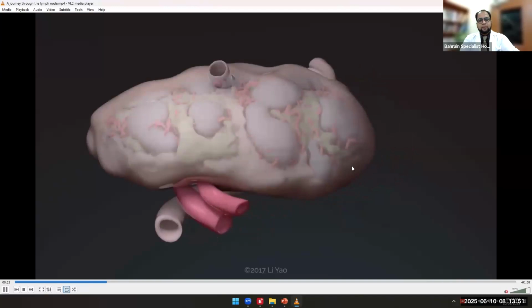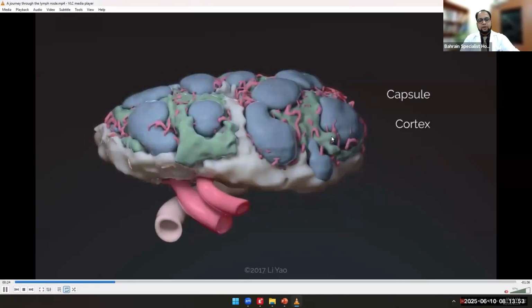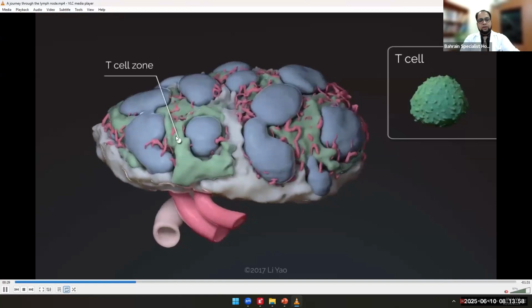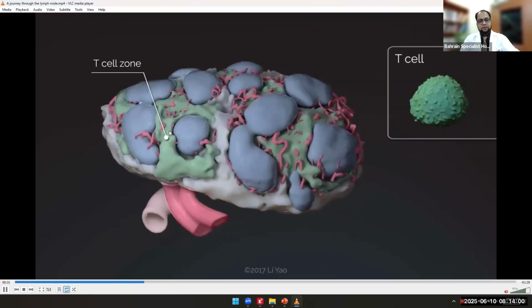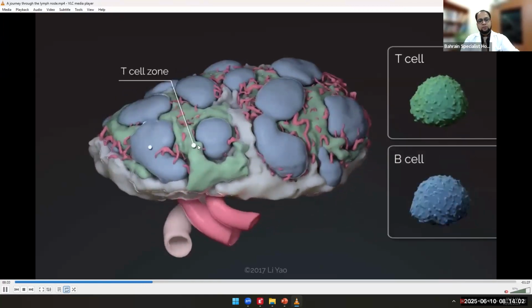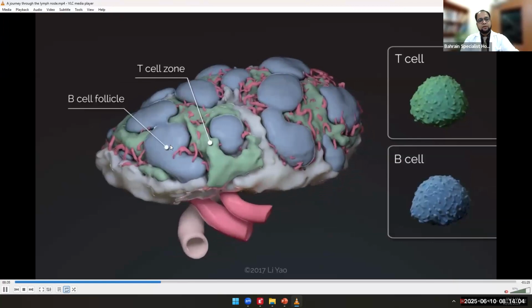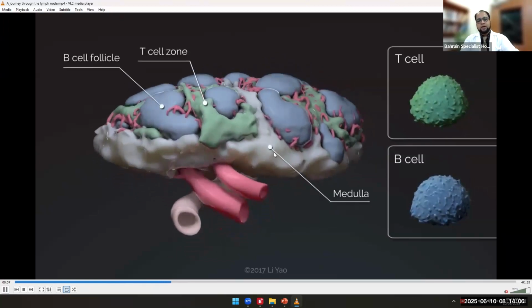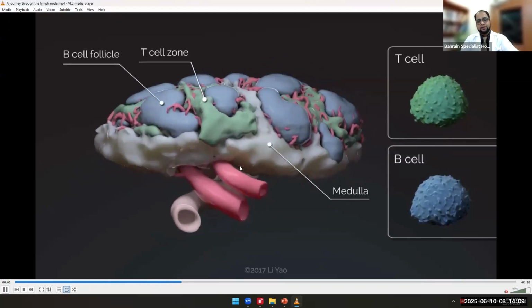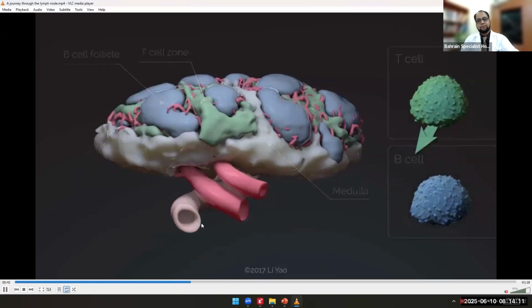The lymph node is covered by the capsule, the superficial cortex, and the medulla. The white part is the medulla, and the greenish part is the T cell zone. This is the parafollicular zone, which is filled with T cells. The follicular zone is filled with B cells, and the medullary sinuses drain out through the efferent lymphatics.